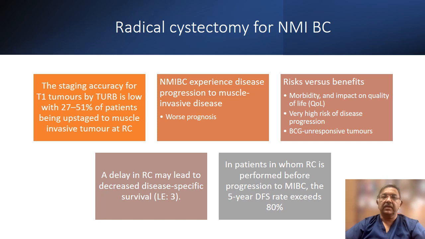The risk factors include morbidity and impact on quality of life, very high risk disease progression, and BCG unresponsive tumors, which all have a very poor prognosis. A delay in radical cystectomy may lead to decreased disease-specific survival. In patients in whom radical cystectomy is performed before progression to MIBC, the 5-year disease-free survival rate exceeds about 80%.